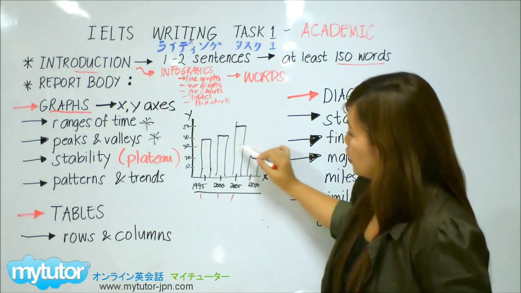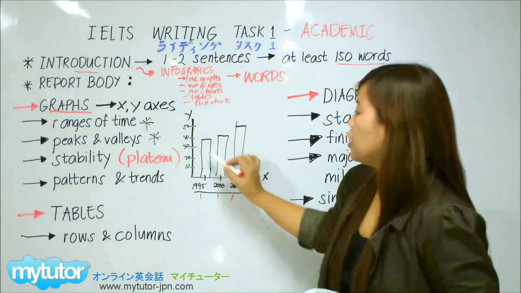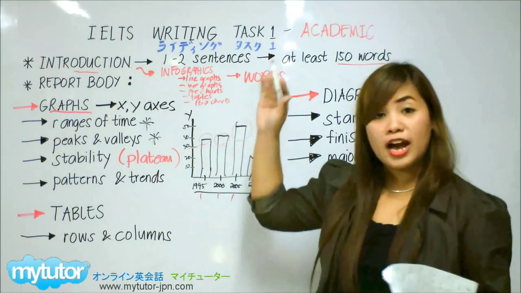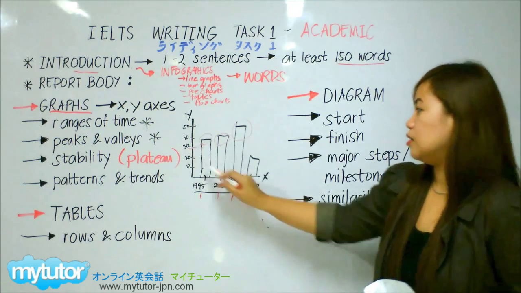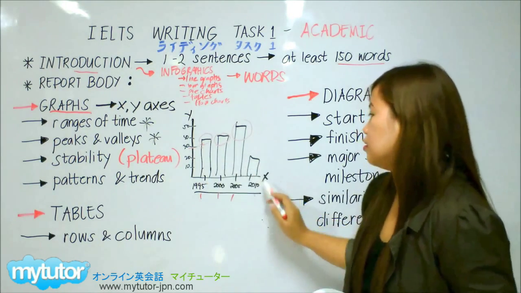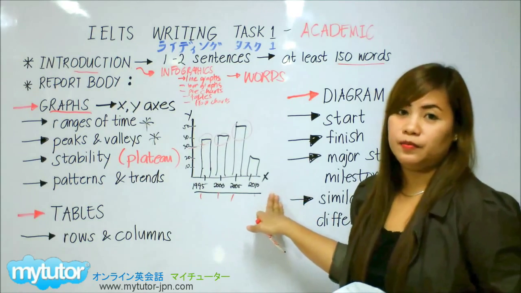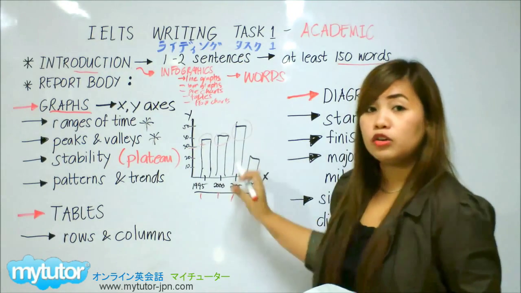It's 30 million up. It's in a high. So we call this our peaks. Peaks or highs. And in 2010, 20 million. So it's in the lows. We call this the valley. Okay? So you have to consider and really look into this one.